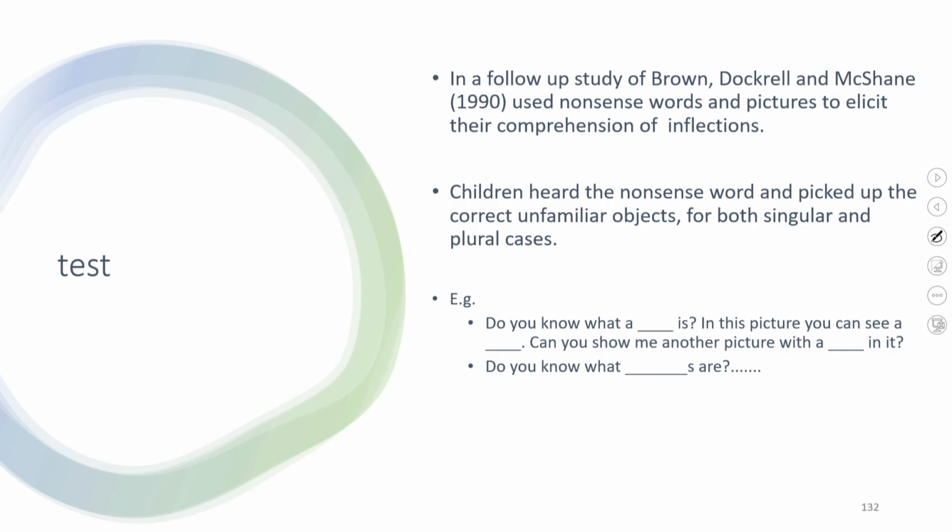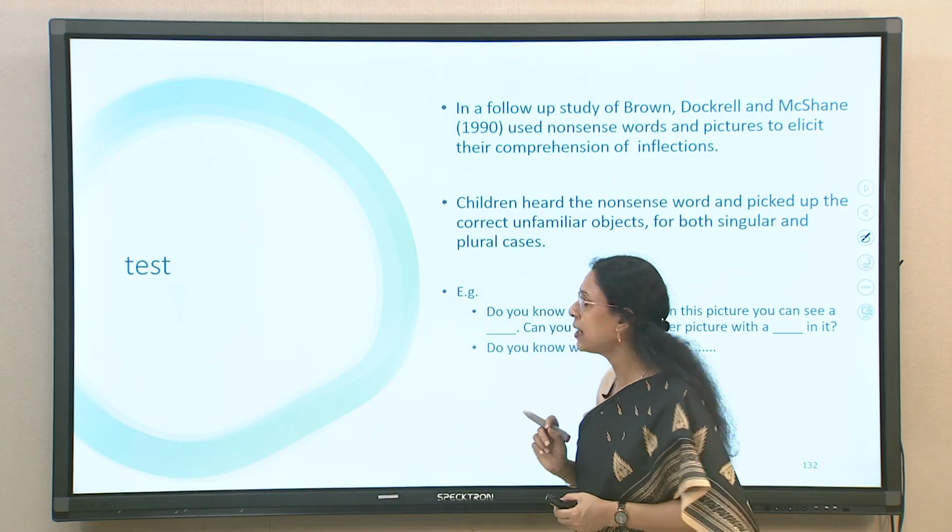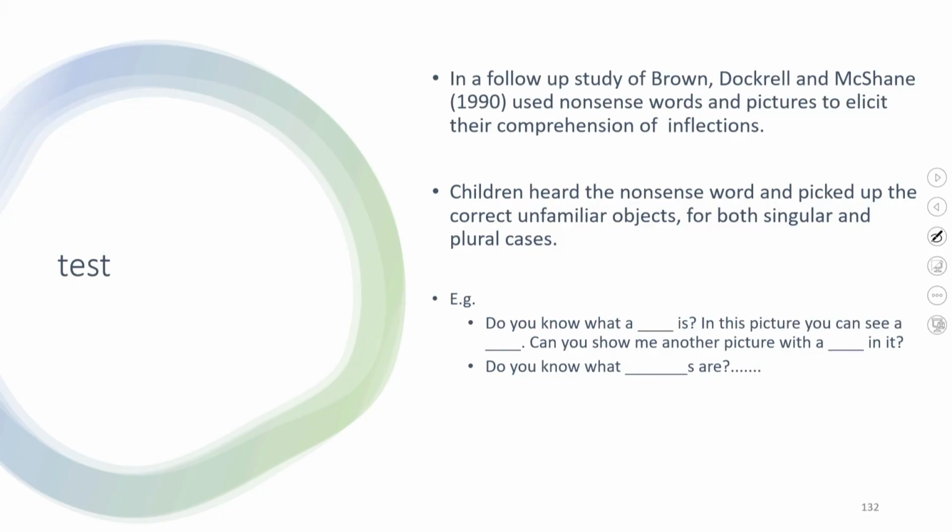So, basically using a novel form and meaning mapping, they were trying to see if, through the use of inflection, the child is able to point out the signified object. They heard the nonsense word and picked up the correct unfamiliar object for both singular and plural cases.